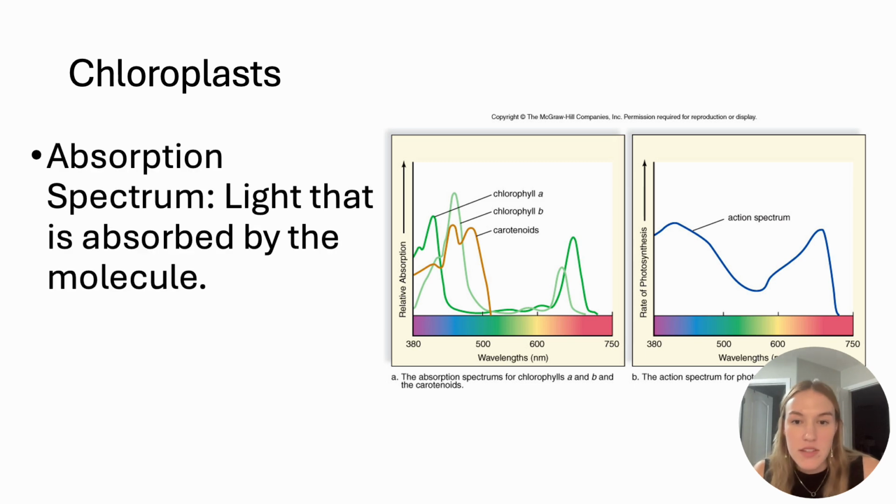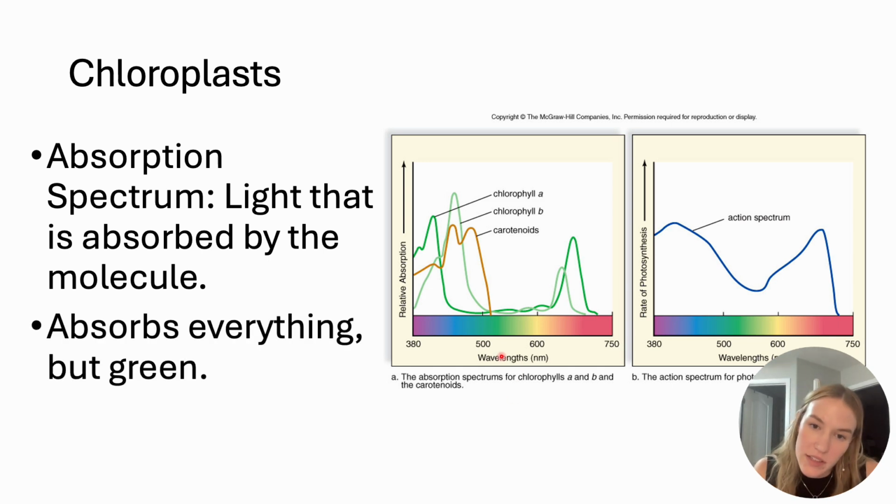Okay, and so we have these absorption spectrums that are related to the pigments. And so chlorophyll, you can see it absorbs everything but green. So I could, for example, ask you, based off of an absorption spectrum, what wavelengths of light are being reflected, and what is being absorbed.